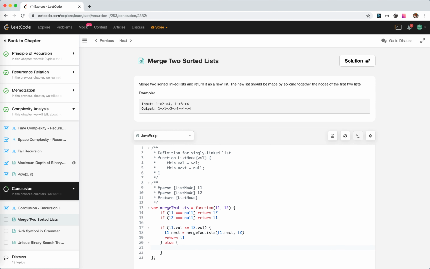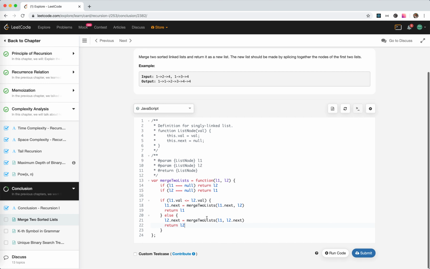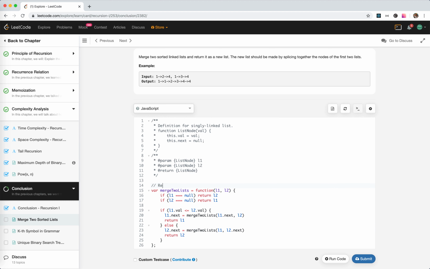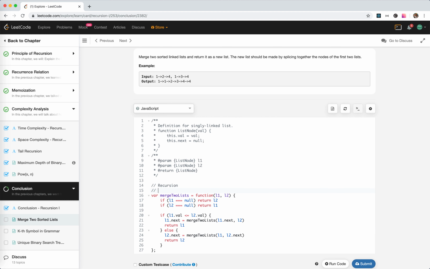In the other case, L2 next equals mergeTwoLists(L1, L2 next), and return L2.